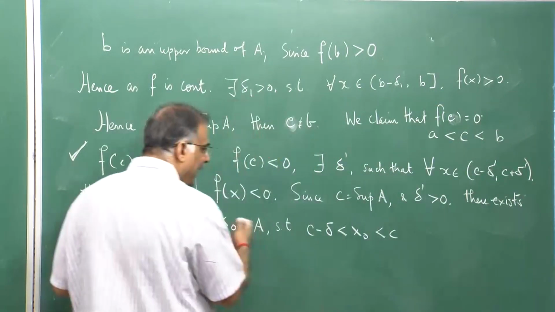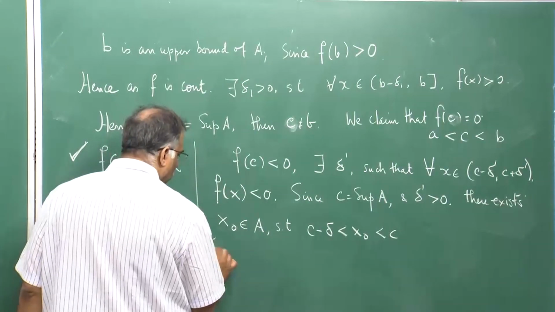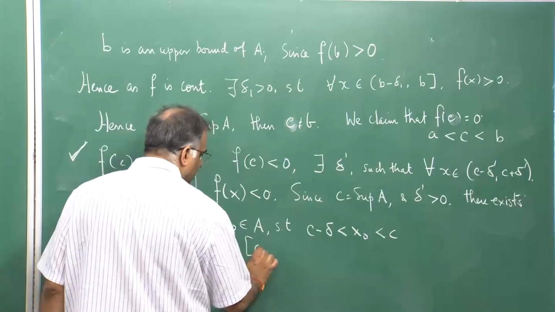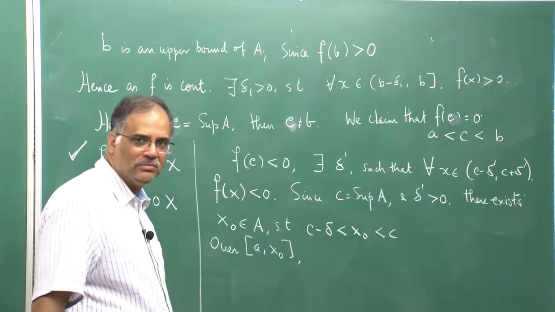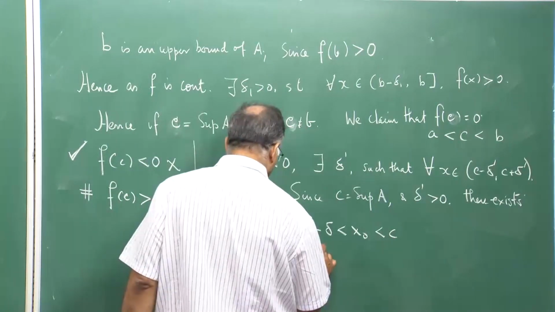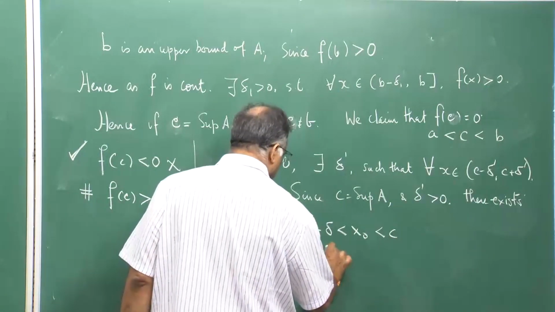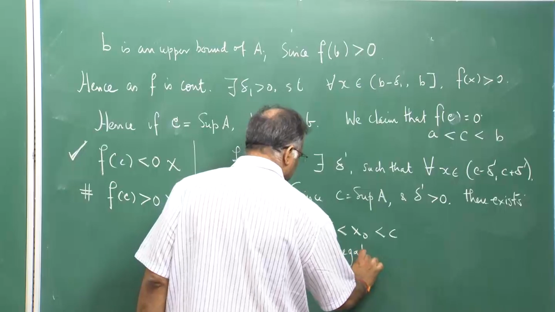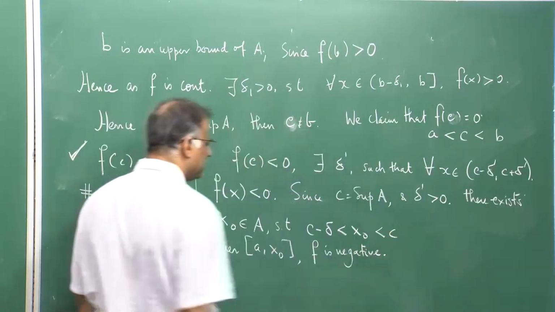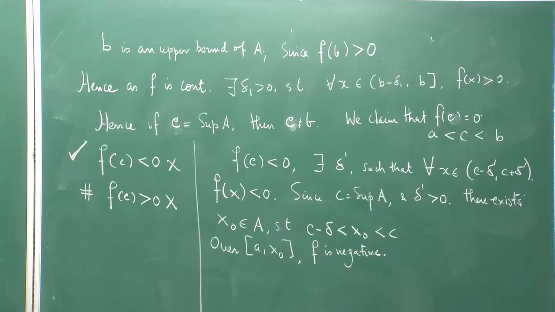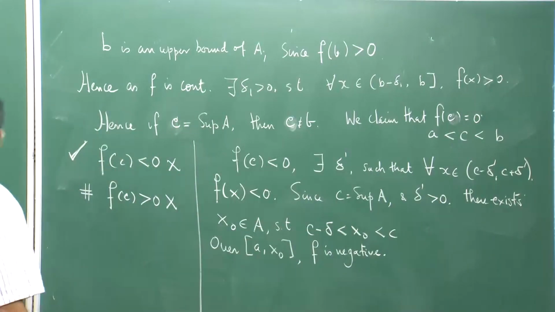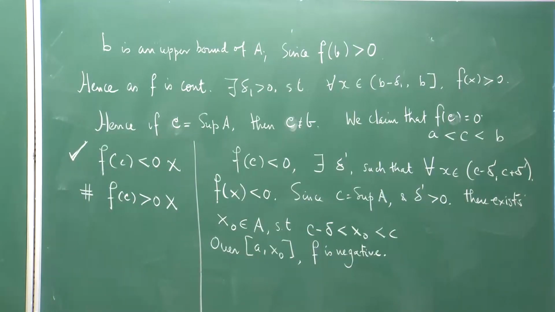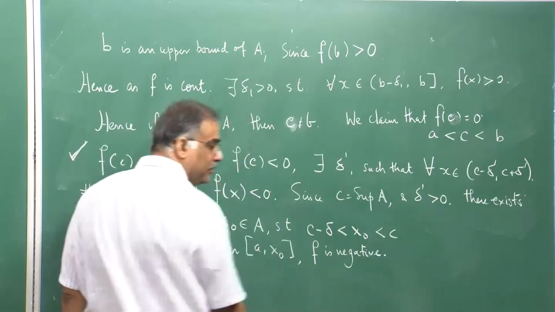Now of course over a to x naught, f is negative, because x naught is in A, and over a to x naught you know that this is negative.